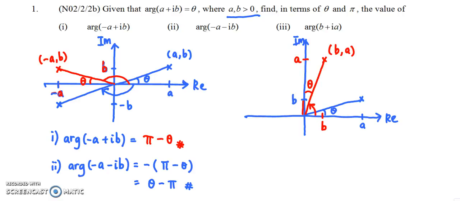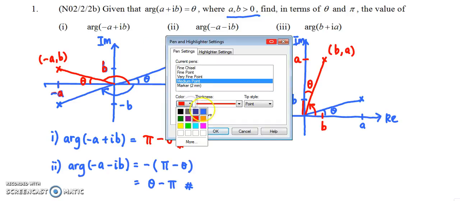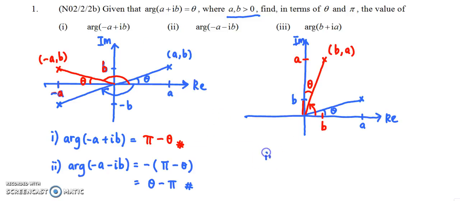Again, it is by the property of symmetry. So for our part 3, the argument of b plus ia, you can easily observe that it is equal to pi over 2 minus theta. And that concludes part 3 of question 1.